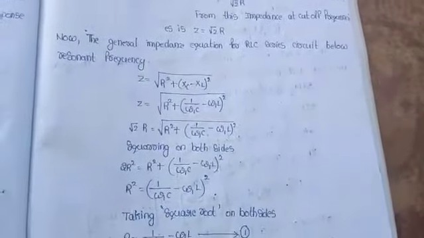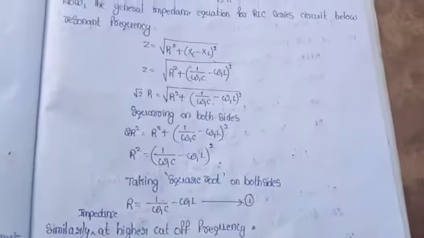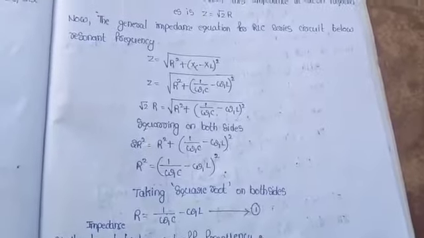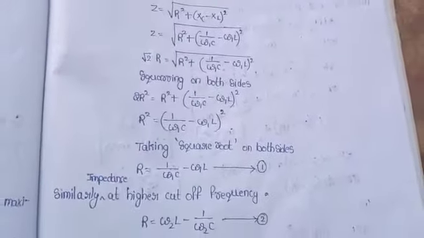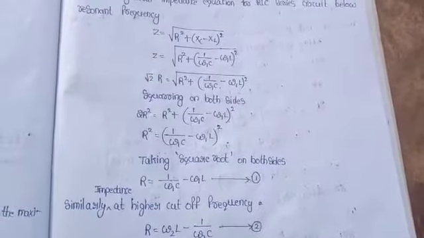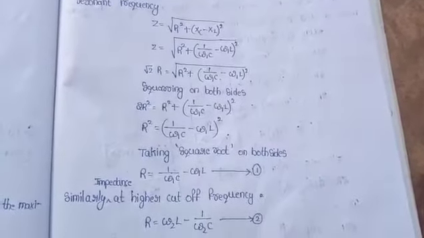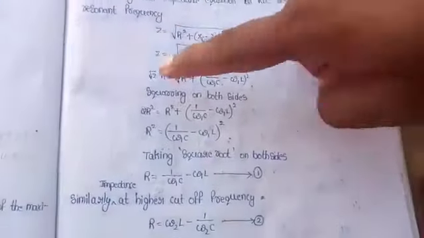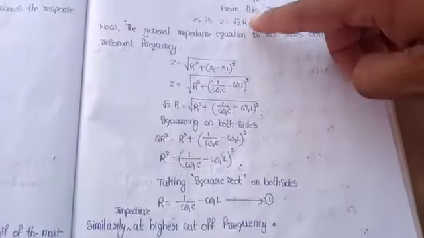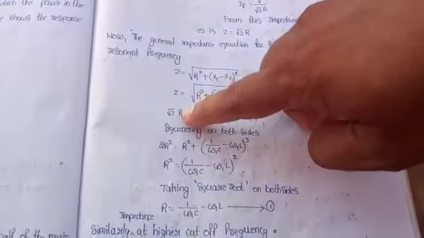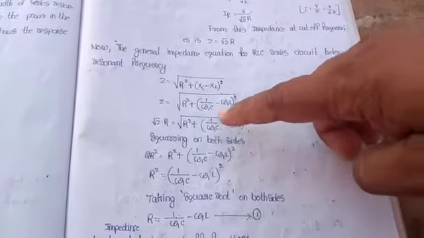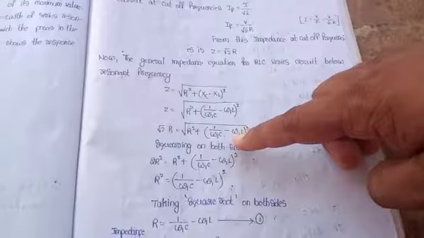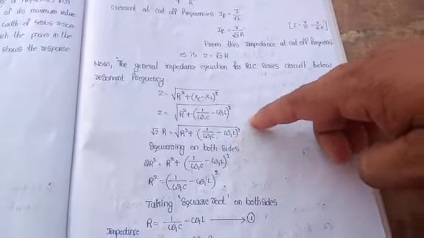Now we know the general impedance formula: Z is equal to the square root of R square plus (XC minus XL) square, and we put XC as 1 by omega C and XL as omega L. At the half power frequency Z is equal to root 2 R, so we substitute: root 2 R is equal to the square root of R square plus (1 by omega 1 C minus omega 1 L) square.